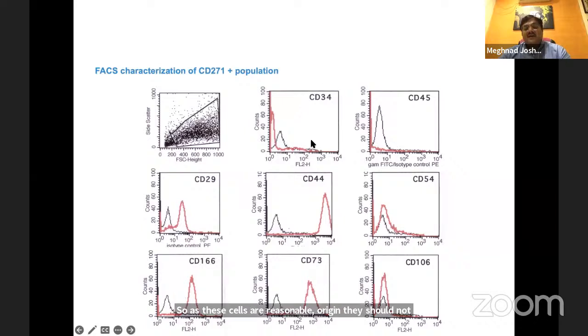This bar graph shows that they are negative for CD34 expression. At the same time, if we check CD29, CD44, CD166, and CD73, those cells are positive for these antibodies, and this is how you characterize these populations using a flow cytometer.